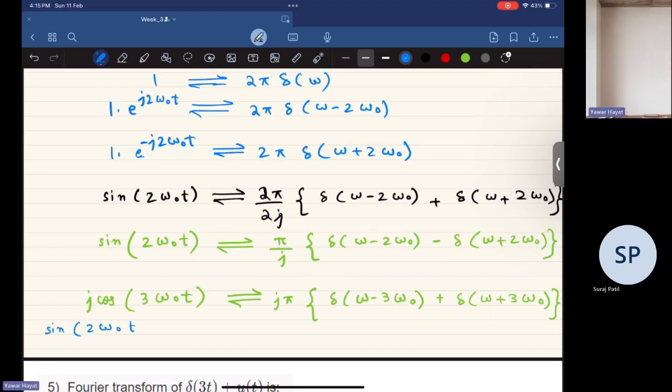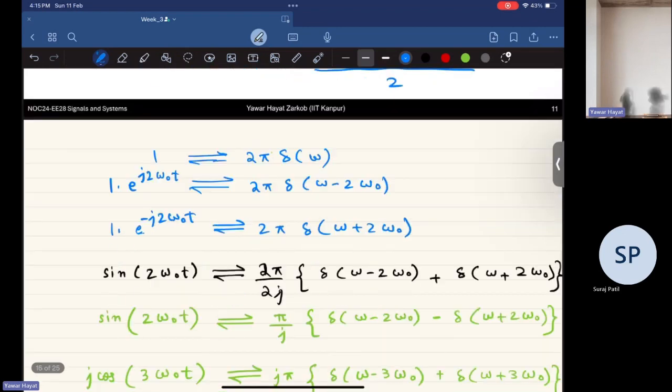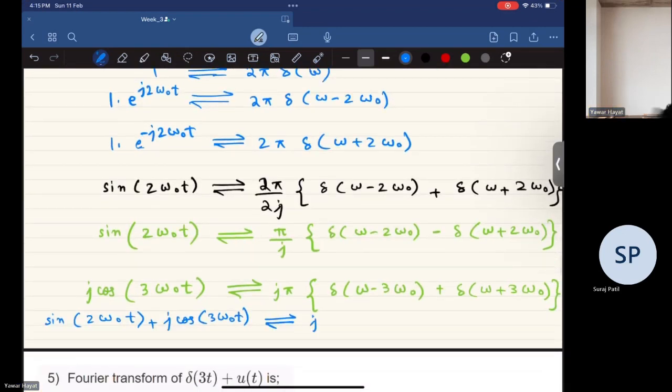Sine of 2 omega naught t plus j cos of 3 omega naught t. Right, I'm taking j pi common. I'll be left with this. And then there would be a negative sign here and a positive sign here, right?